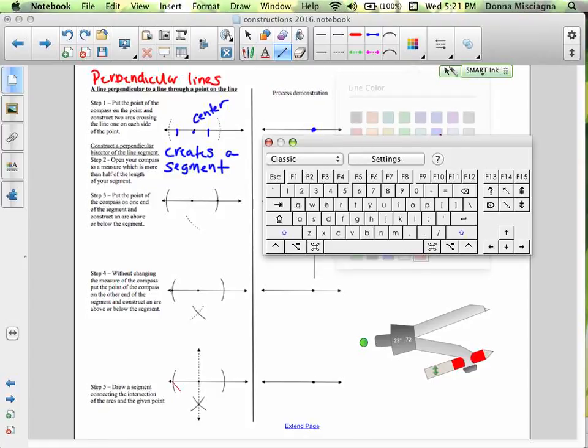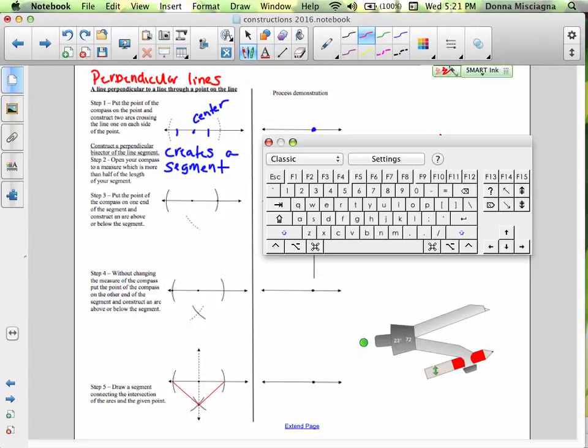So this distance from here to here is the same as this distance from here to here. Again, because these are radii. This was the center of a circle. This was the center of a circle. And that point there is the edge of the circle. So we essentially have two circles here. Center, center. So we've created two congruent circles. That's why those are the same distance away.